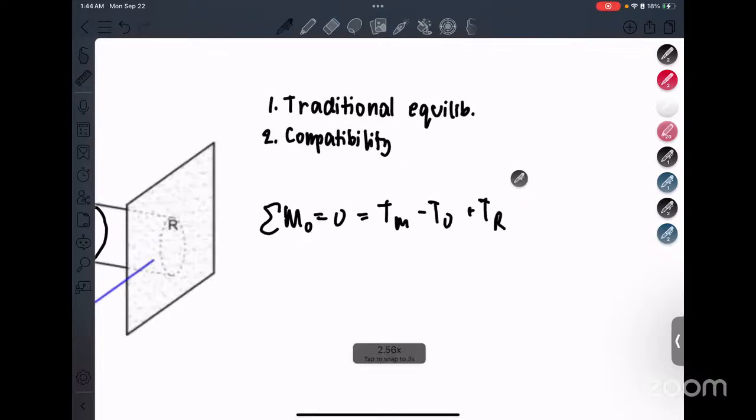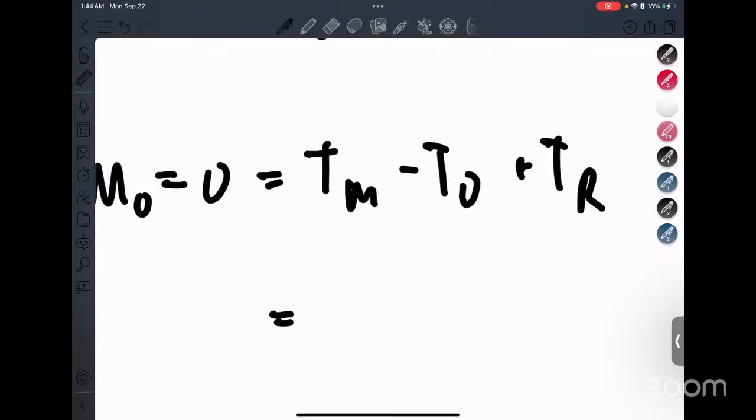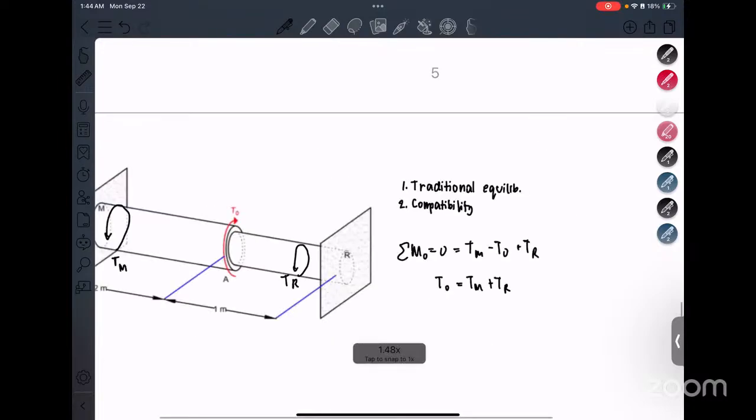So the relationship here is that T naught is equal to Tm plus Tr. That's the only thing we can derive.